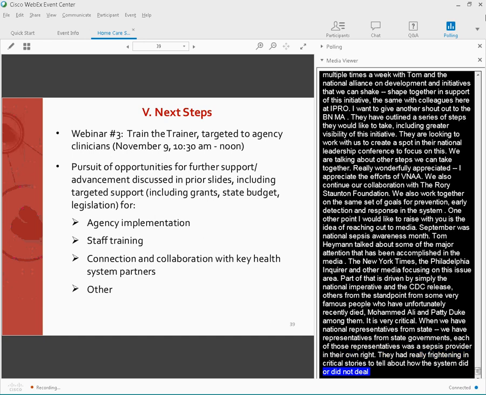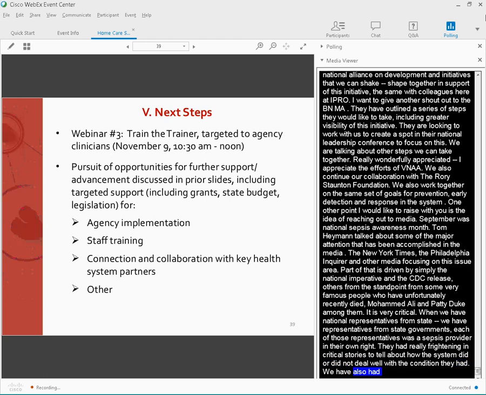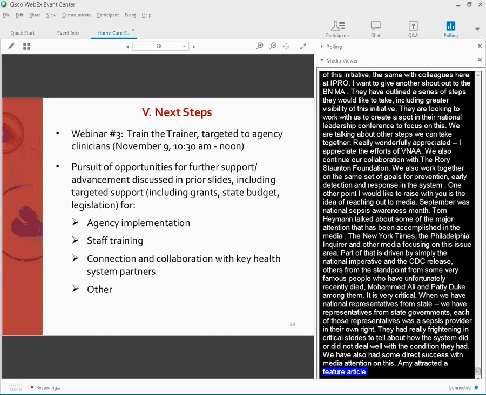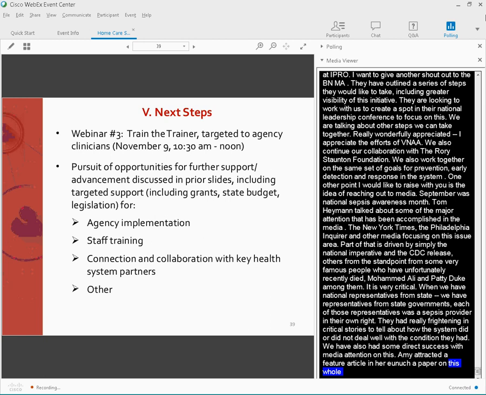We also have had some direct success with media attention on this. Amy attracted a feature article in her Utica paper on this whole sepsis initiative in home care, and the article really drills down very effectively, explaining exactly what it is and why it's so important.